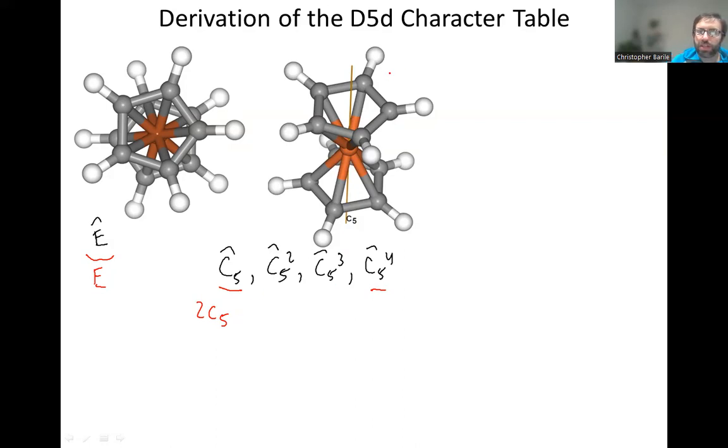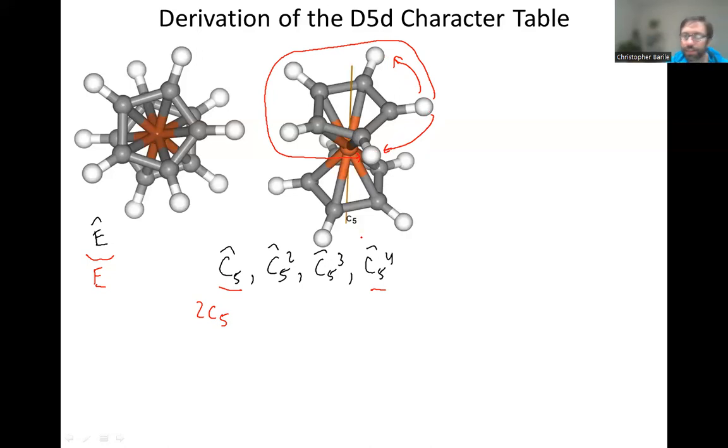And the reason why those go together in one class is because you could think about doing a 72-degree rotation and taking this hydrogen and that hydrogen, or you could think about doing four 72-degree rotations, and that would take this hydrogen, spin it all the way around to this hydrogen. Well, that's equivalent to just doing a rotation in the other direction just once.